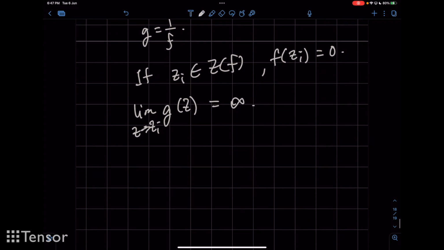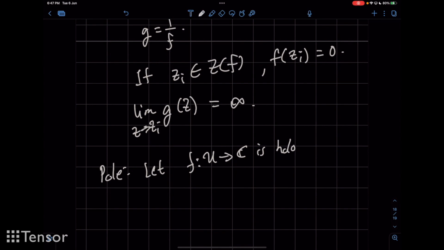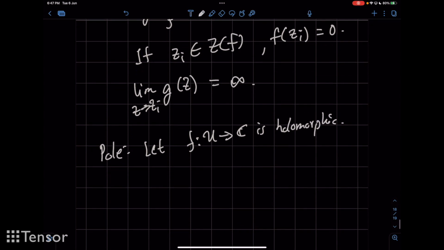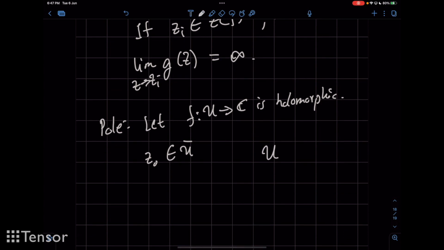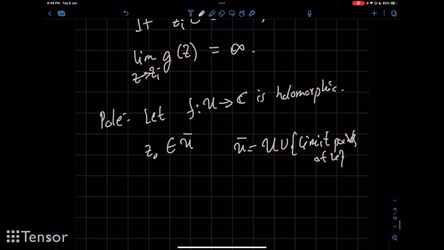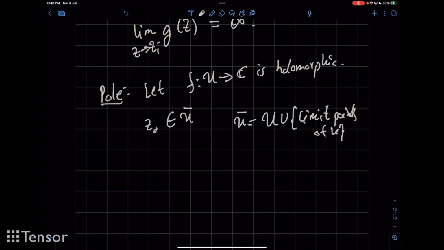Okay, so such points are called poles. So what is a pole? Let f from U to C be holomorphic, and a point z naught in the closure of U. By closure of U, I mean U along with all the limit points of U. So you can visually consider it as U along with the boundary of U as well.